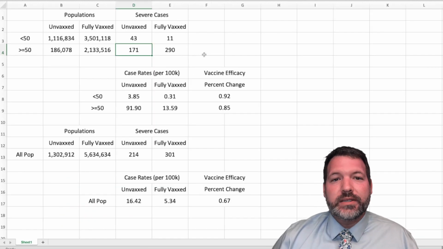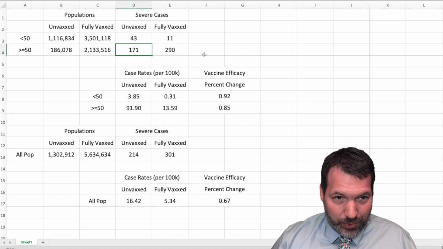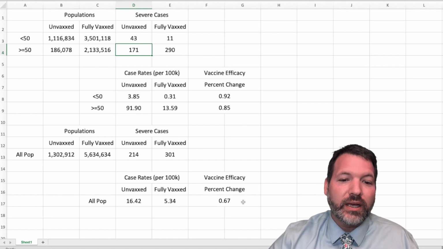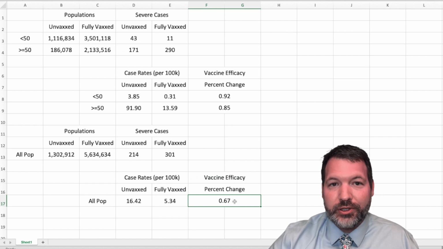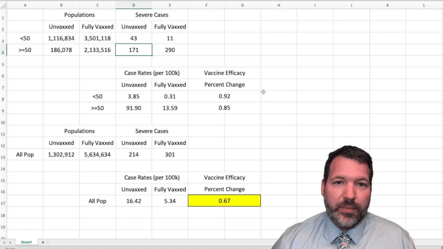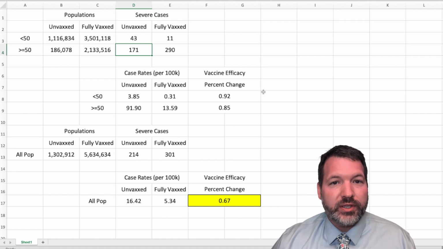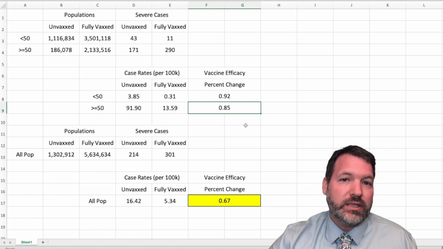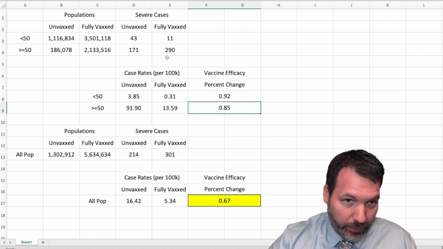Now one thing that's nice about having this all in an Excel table is we can now change some of these numbers around and start to see how they're affecting this overall total population efficacy. Specifically, I'm going to adjust the numbers in this over 50 population. I'm going to keep their ratio the same. So you're going to see as I change the numbers, that vaccine efficacy among that group stays at 85%. But the sizes of the numbers are going to make a difference.